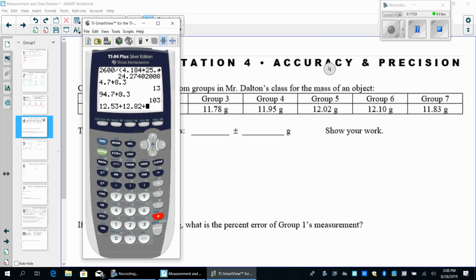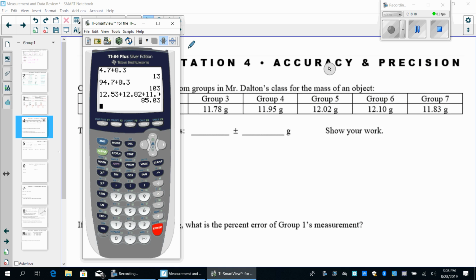Group 3 was 11.78. Group 4 was 11.95. Group 5 was 12.02. Group 6, 12.10. And group 7, 11.83. Okay, that gives you the total there.